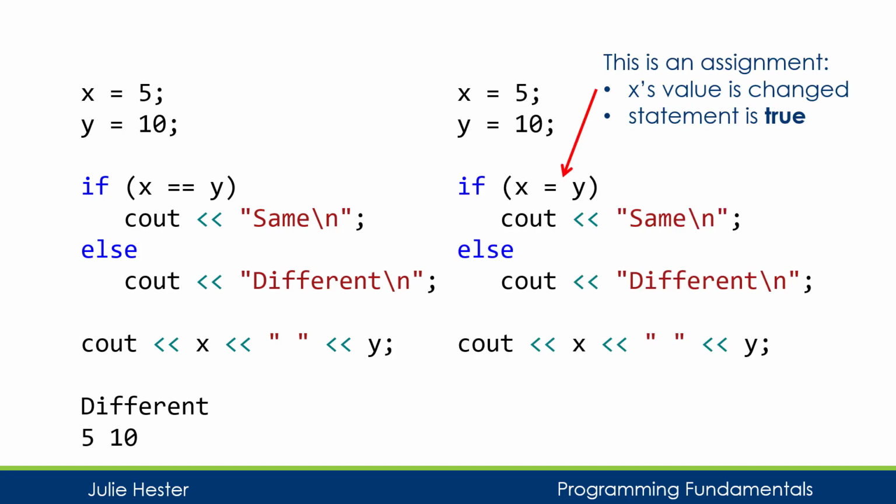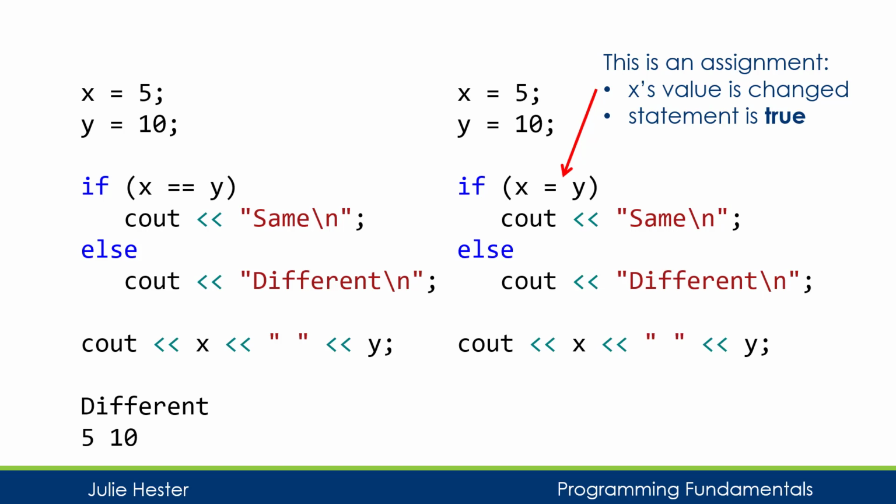But if I were to rewrite this code with just one small difference, instead of using the equivalence operator, I forget the second equal sign, and I use the assignment operator. Now I'm not testing to see if x and y are equivalent. I'm actually going to assign y's value to x. And when I do this assignment, the compiler is going to consider this to be true.